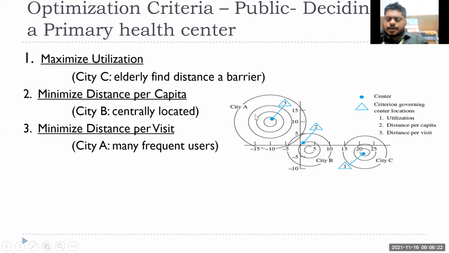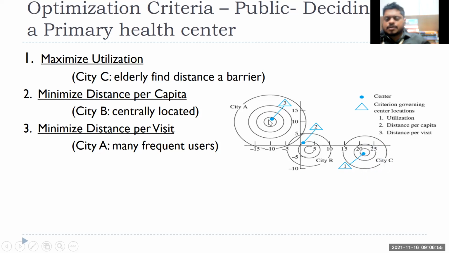I have done a census. I know that most of the elderly people, with an average age of around 50 or 45, stay in that village or city, right? Sorry, city C is the location where the majority of elderly people stay.